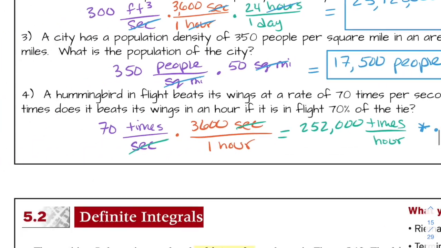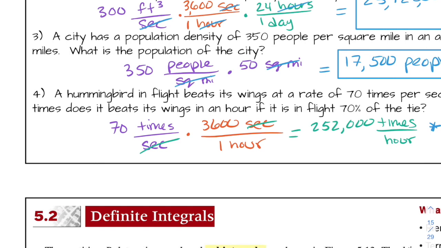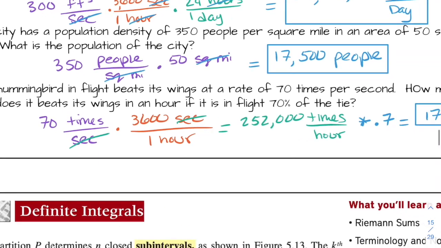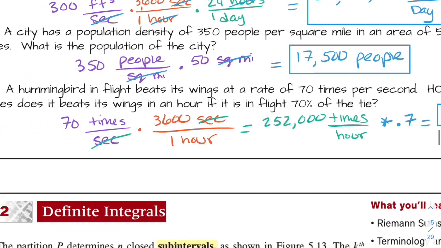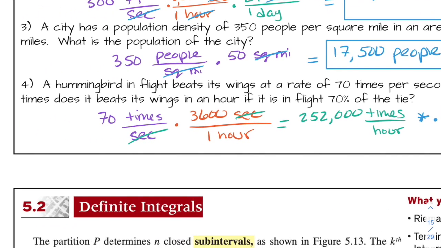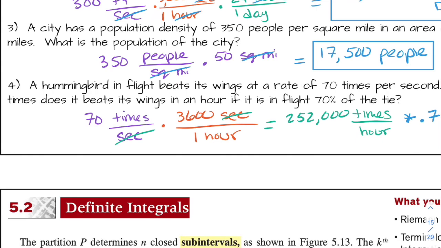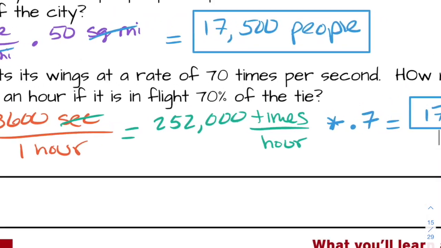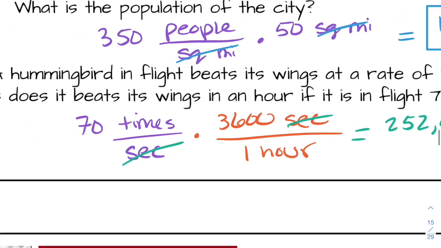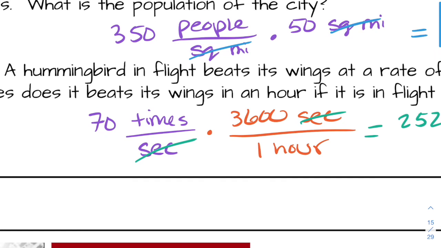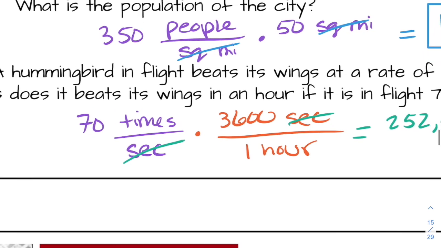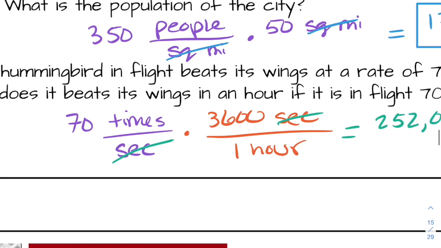All right, the last one. A hummingbird in flight beats its wings at a rate of 70 times per second. How many times does it beat its wings in an hour if it is in flight 70% of the time? Well, 70 times per second, there are 3,600 seconds in 1 hour.